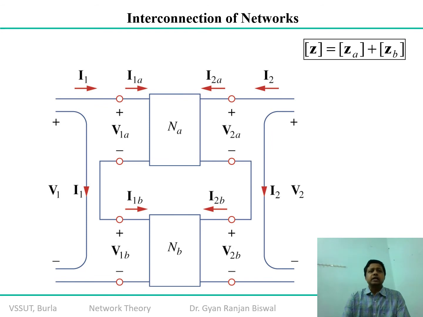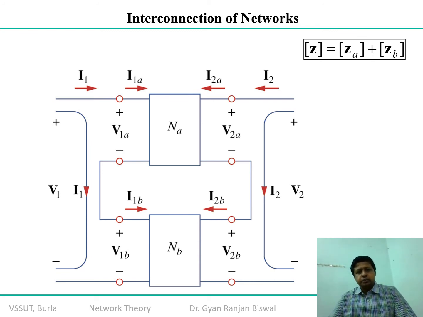Interconnection of the networks. You see this particular diagram, what I told you about 4 or 5 slides back, and with the help of this diagram, you will be able to appreciate it more easily. To establish this whole as one single integrated network, it is nothing but a combination of two networks N1 and N2.